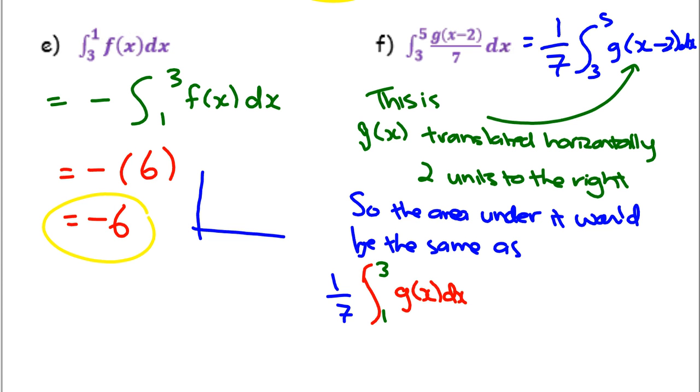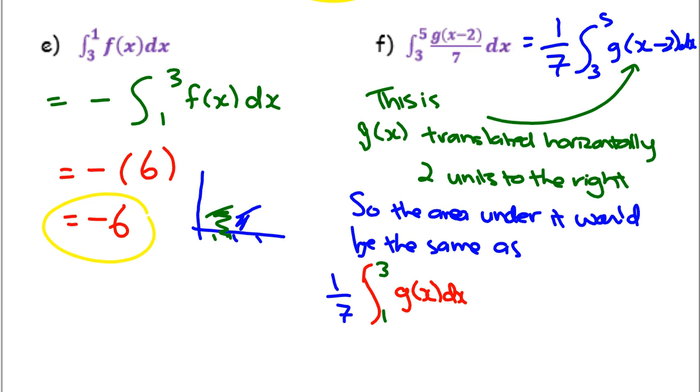Because this original function in here got shifted 2 units right. So its boundaries were initially between 1 and 3, but then suddenly it got shifted to 3, 5, but it's still the same area.